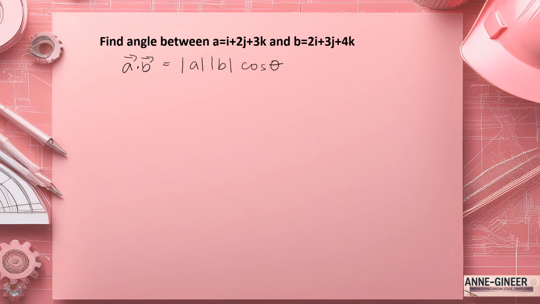Let's manipulate the formula. In getting the angle, it should be cosine inverse of A dot B all over the magnitude of A and B multiplied.